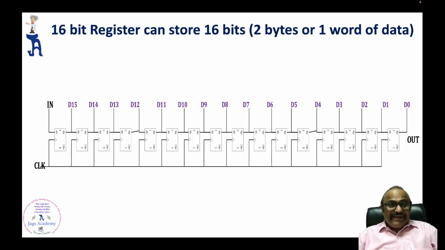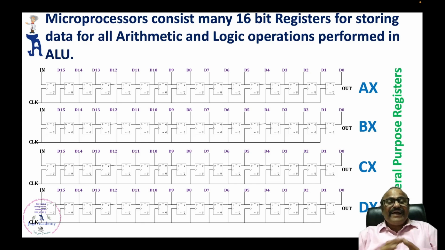Now let us see how many registers are there in your 8086 microprocessor. Your microprocessor era starts from 8080, 8085 and so on.